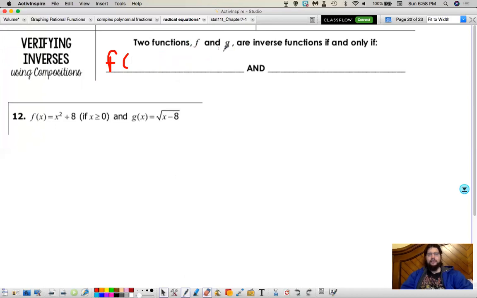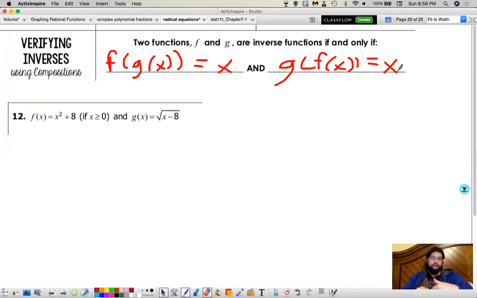So we got two functions, f and g. We can know if they're inverses by saying f of g of x, plug it in, and that's x, and g of f of x is x. If they both come out to be x when you compose them, they're inverses. Simple as that.